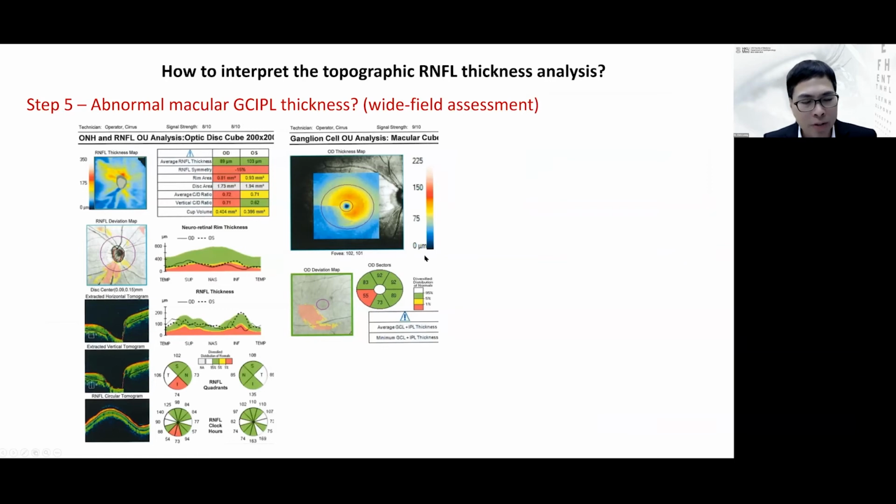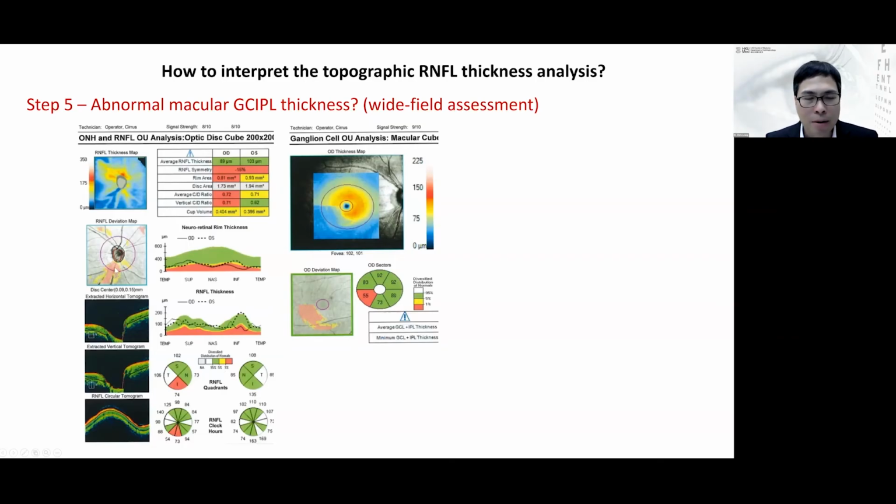Step 5, final step, which is also very important: we always need to examine the macula. We always need to have a wider view. Now, notice that this eye, we have definite abnormality in the thickness map and deviation map. You see correspondence over here.